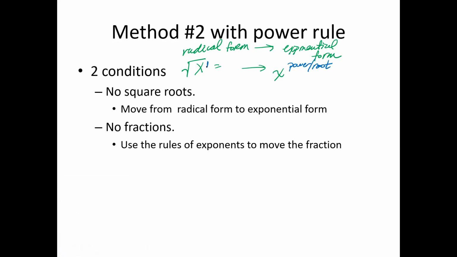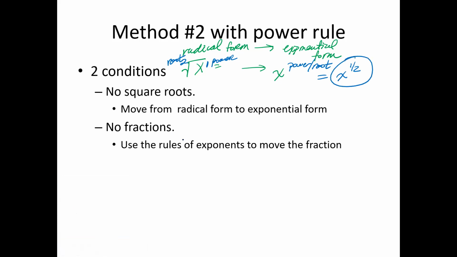Your power here with the x is a 1, so that's a power. Your root here is a square, so that's a root. So you will write this as x to the 1/2. So you have to convert it to this form before you even apply the power rule.